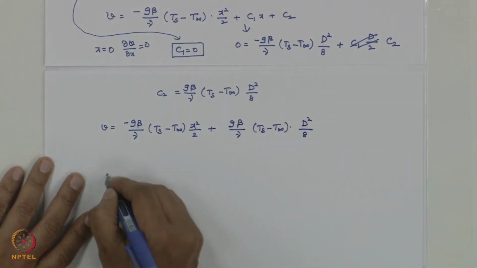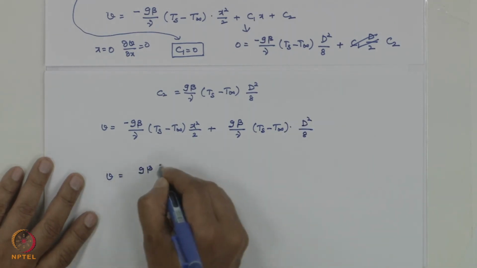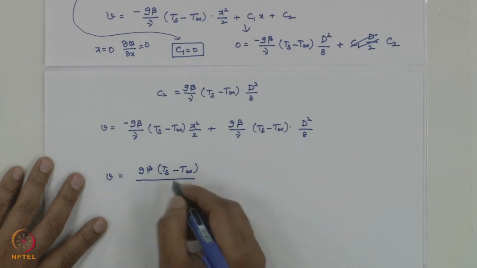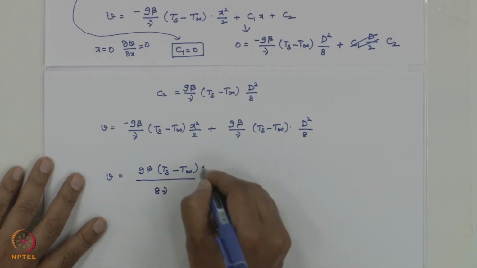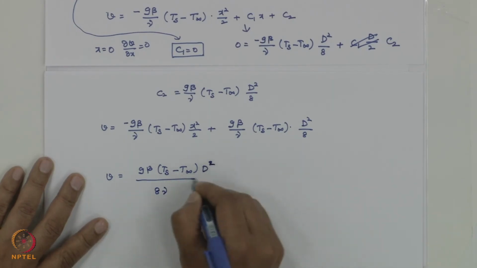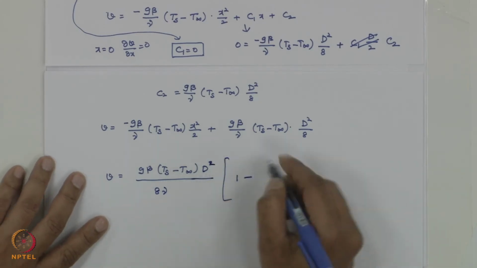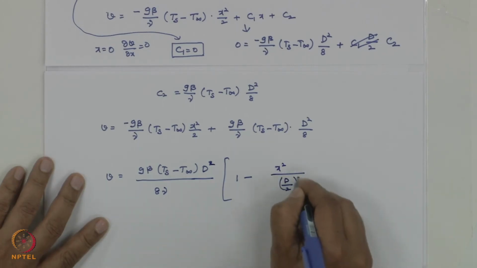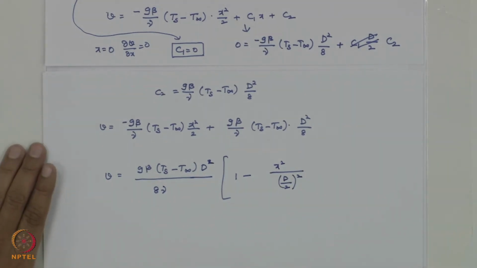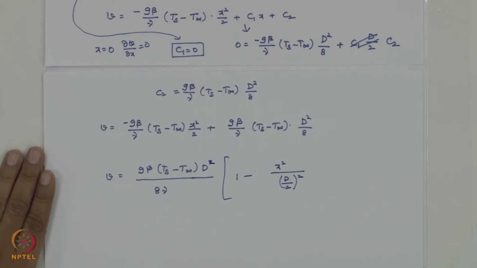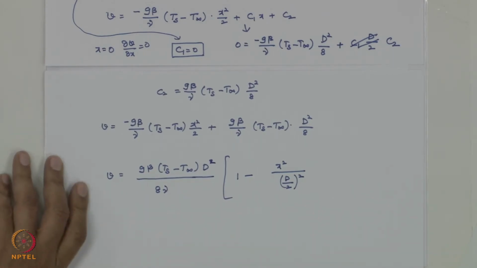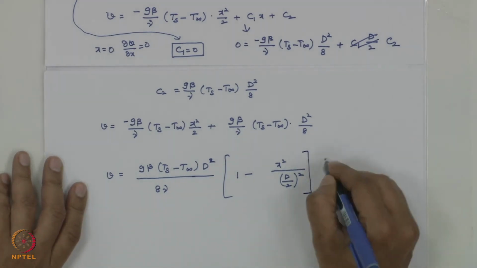So you get V equal to g beta into Ts minus T infinity upon 8 nu into d squared, if I take out common, 1 minus x squared upon d by 2 whole squared. So this is my velocity profile.